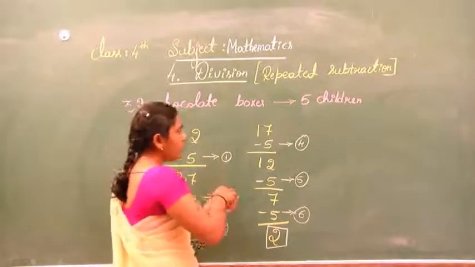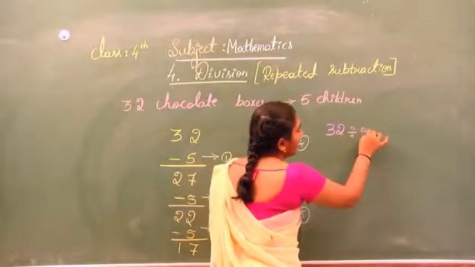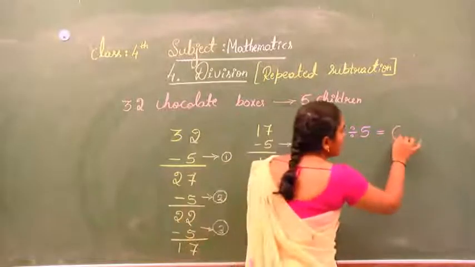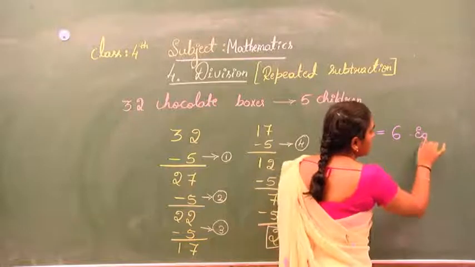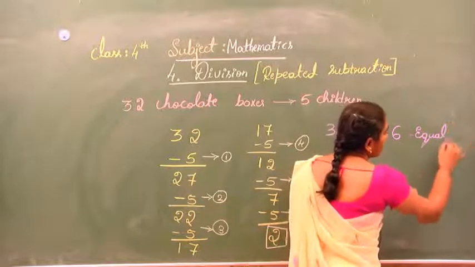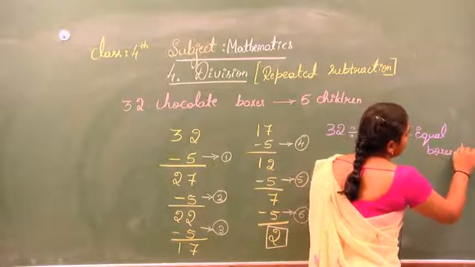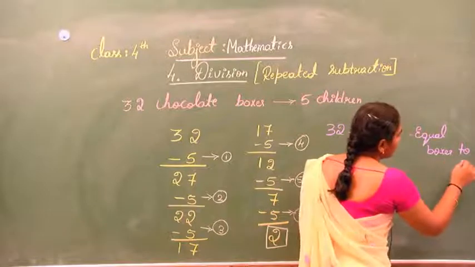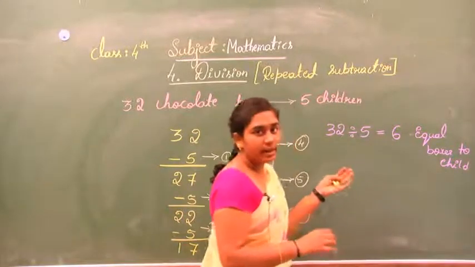So what will be the answer? 32 divided by 5 will give 6 boxes to each child. Okay, 6 boxes to each child they will have.